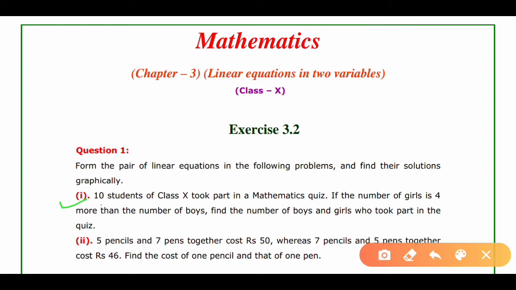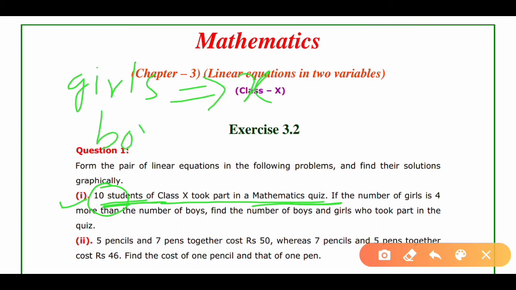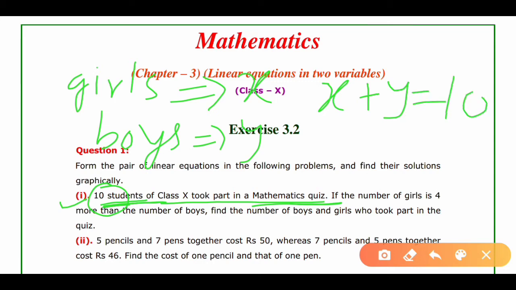First, we have given that the total number of students who took part in the mathematics quiz is 10. Let us assume that the number of girls is X and boys is Y. So total students who took part in the quiz will be X plus Y equals 10.